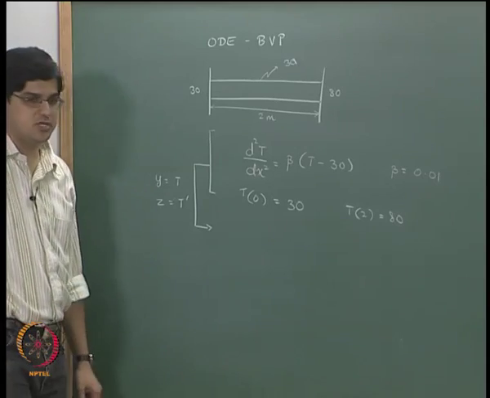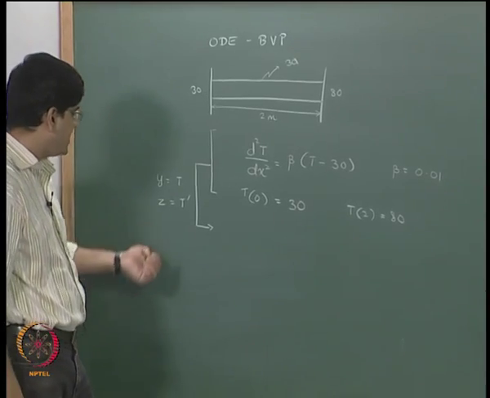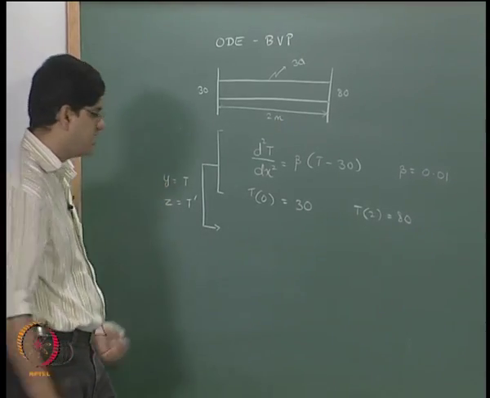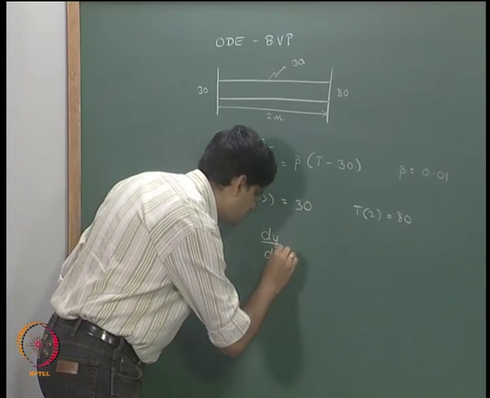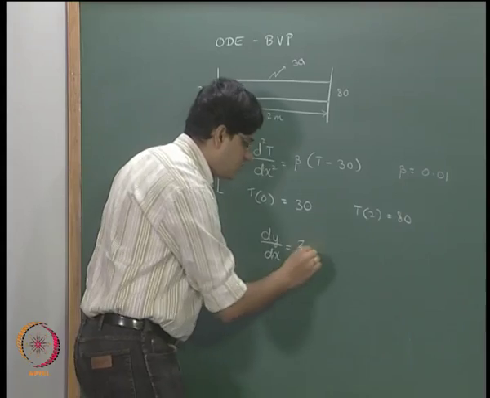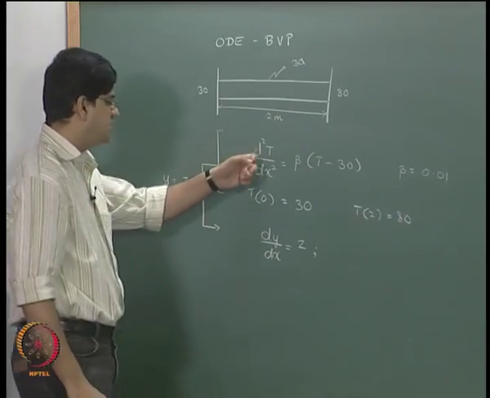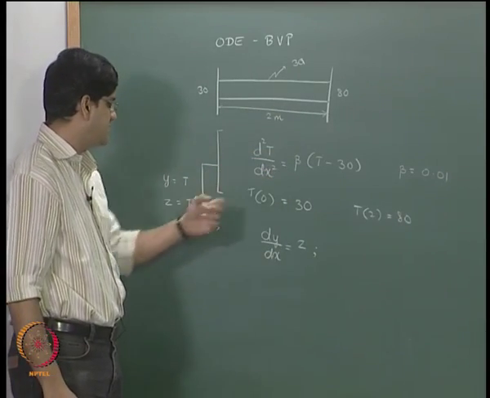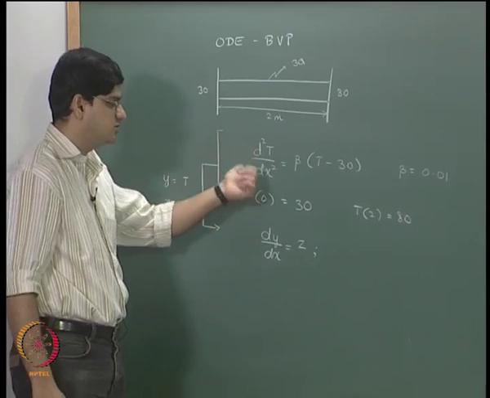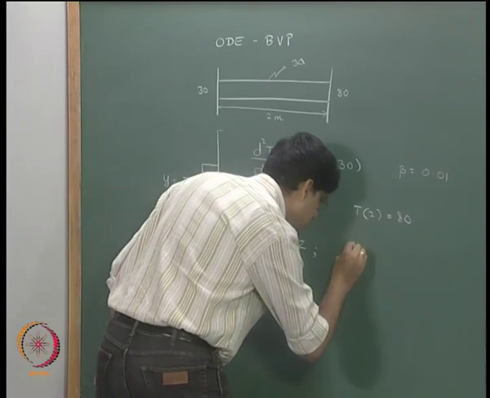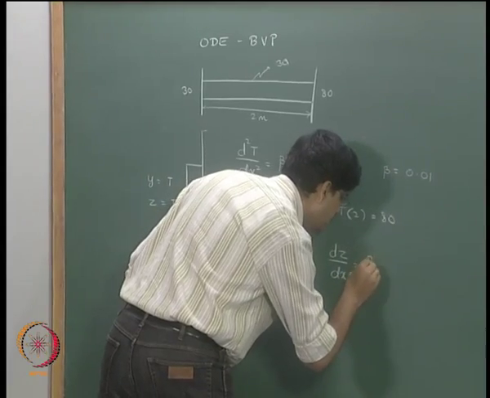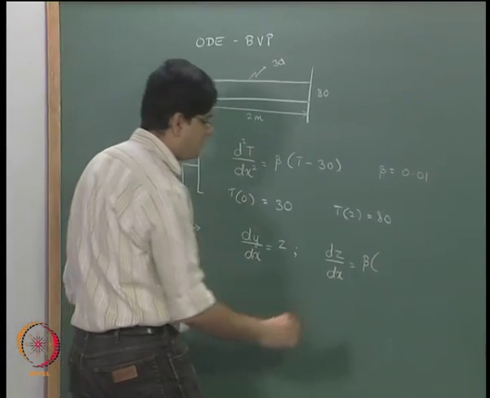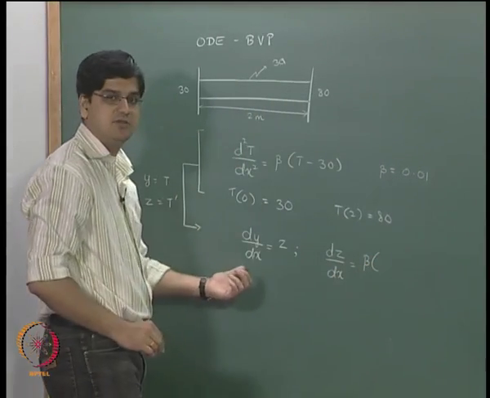Our first equation is dy by dx, which is nothing but z. Our second equation is d by dx of dT by dx, and dT by dx is nothing but z. So, dz by dx is going to be equal to beta multiplied by T minus 30, and T is nothing but y.